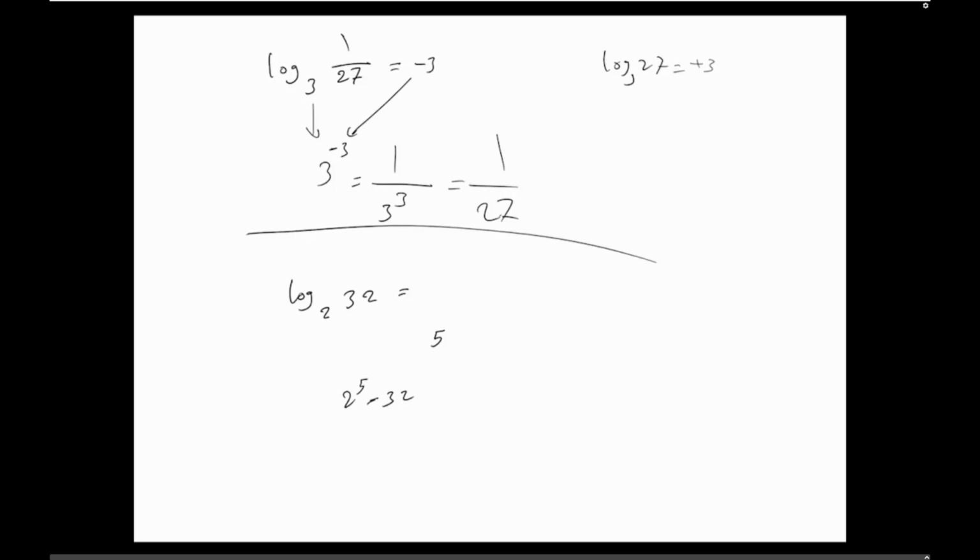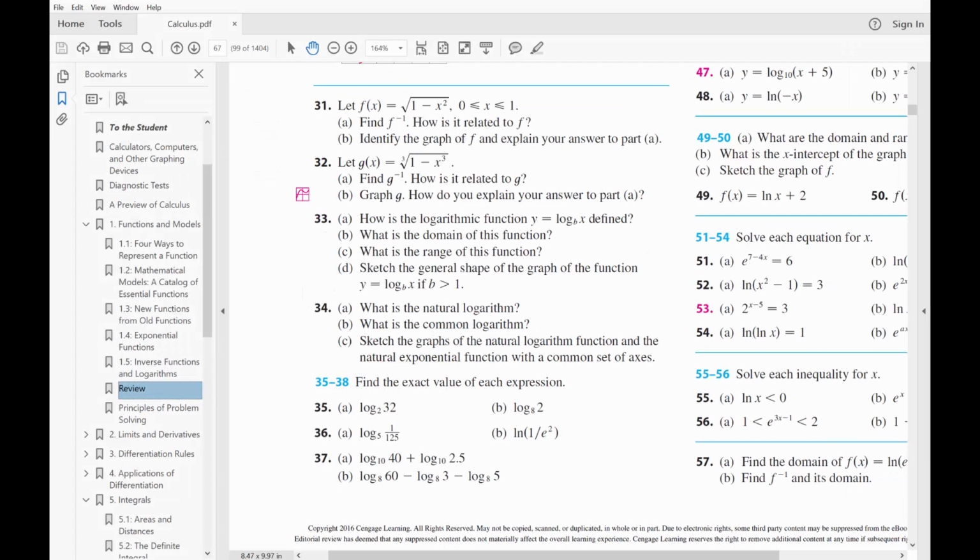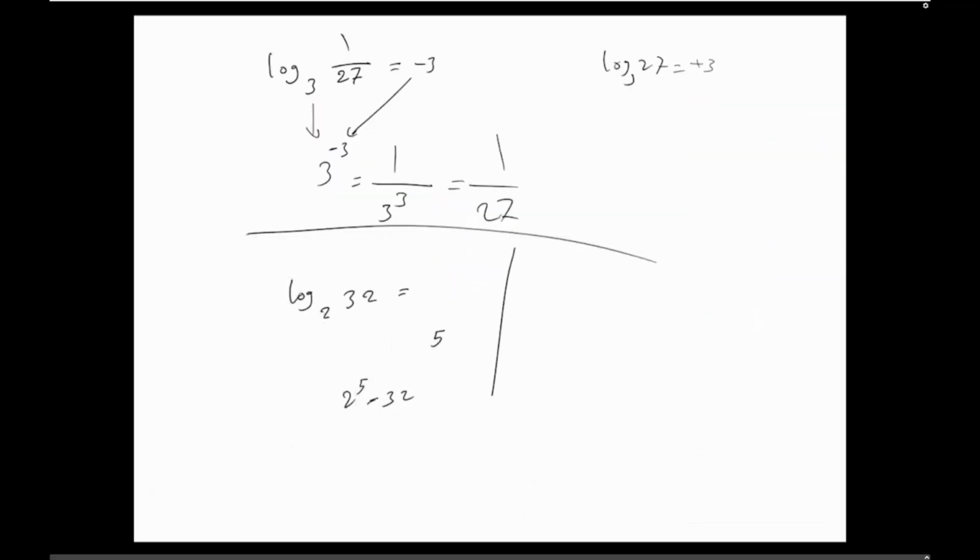And another example, let's solve it from the book. Actually the B is an interesting one, which says you have the log with base 8, and it wants the 2. What's the value that we put over here that makes 8 a 2?